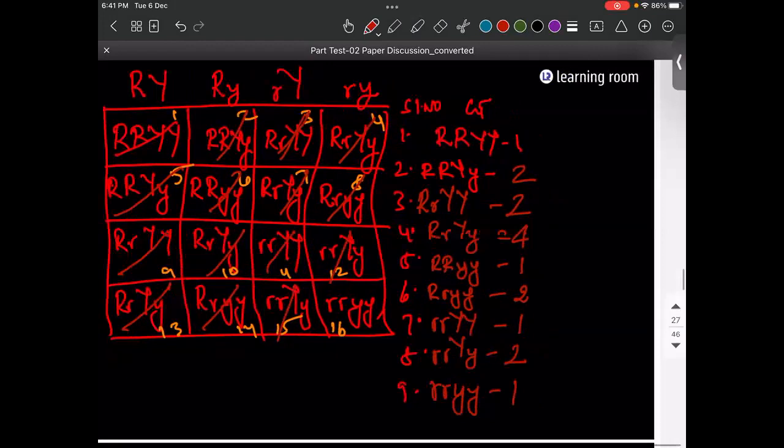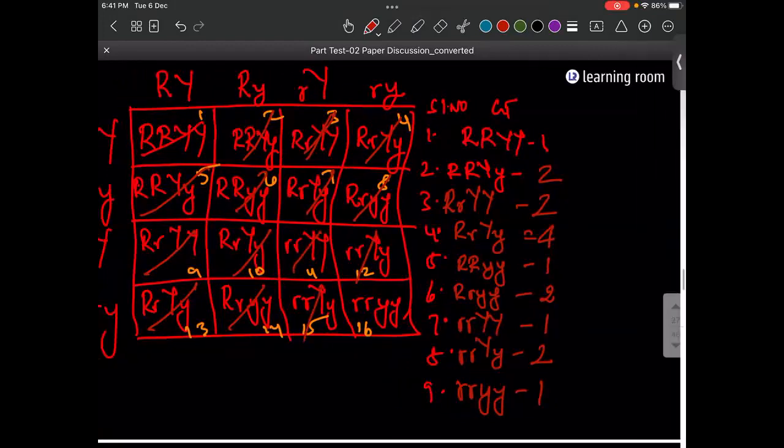Okay, fine. So what is this called? 1:2:2:4:1:2:1:1, the genotypic ratio of the F2 generation. We call it the genotypic ratio.